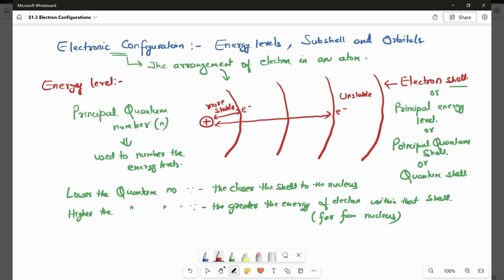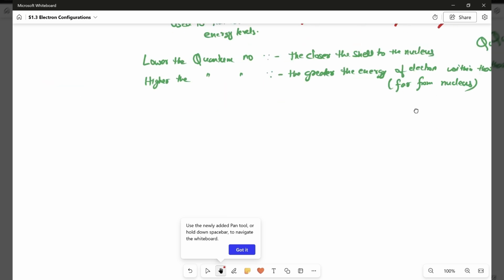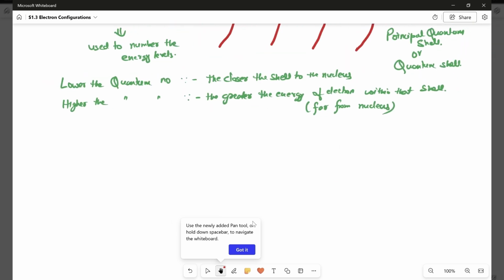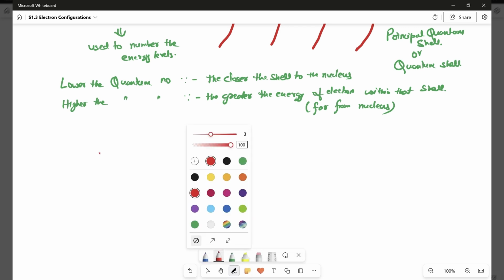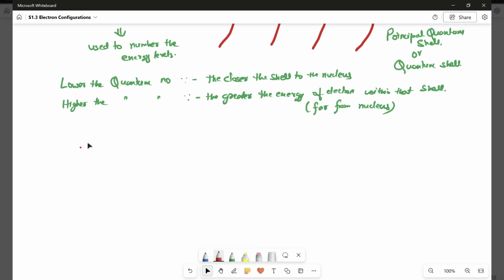That's the reason electrons are tightly held when they are near the nucleus. So let's talk about how many electrons each shell can hold.